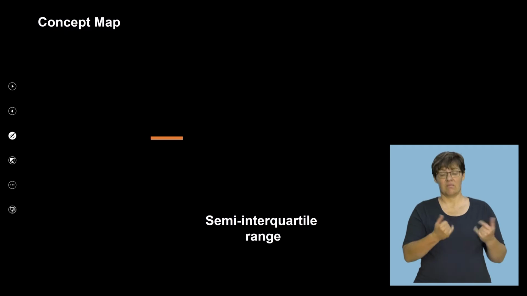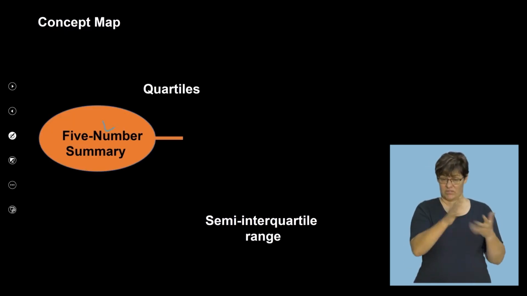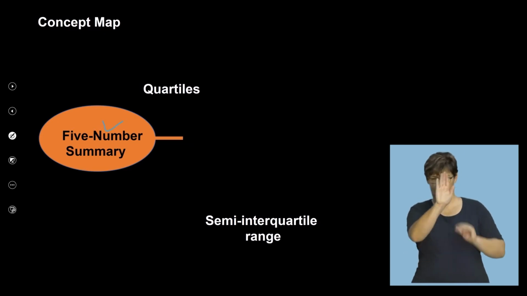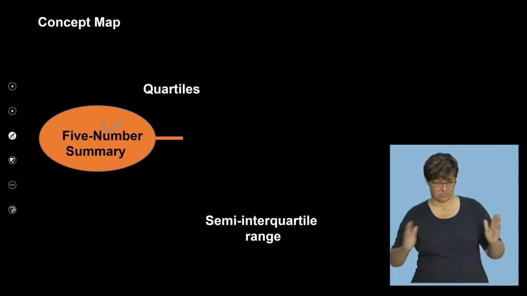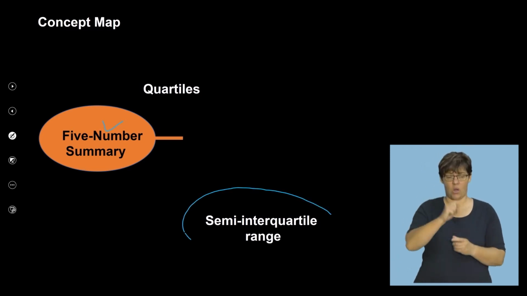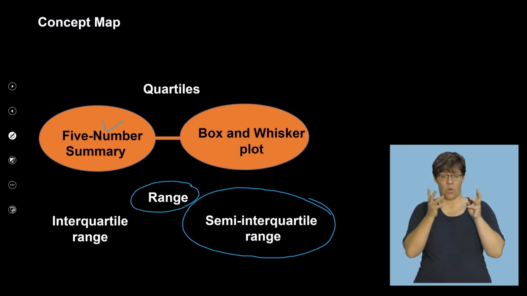So what are we going to look at now? We've looked at the 5-number summary, which is our quartiles with a minimum value and the maximum value. We'll still look at something called the interquartile range, the range also, then the box and whisker.